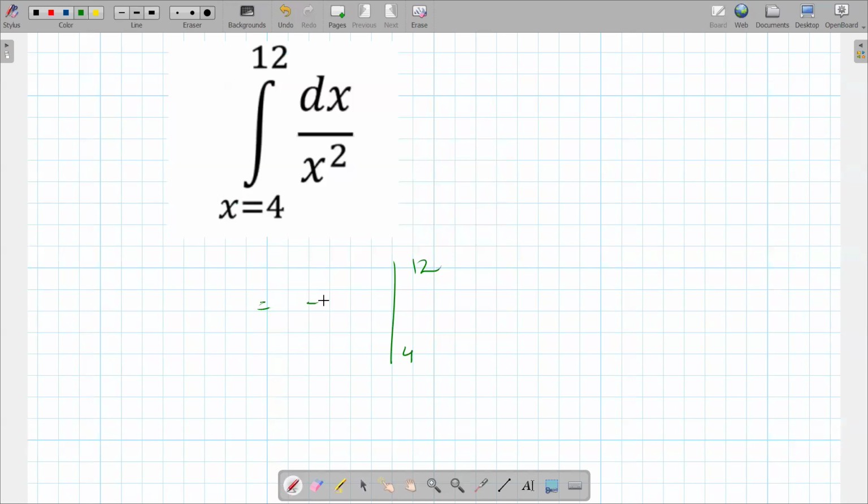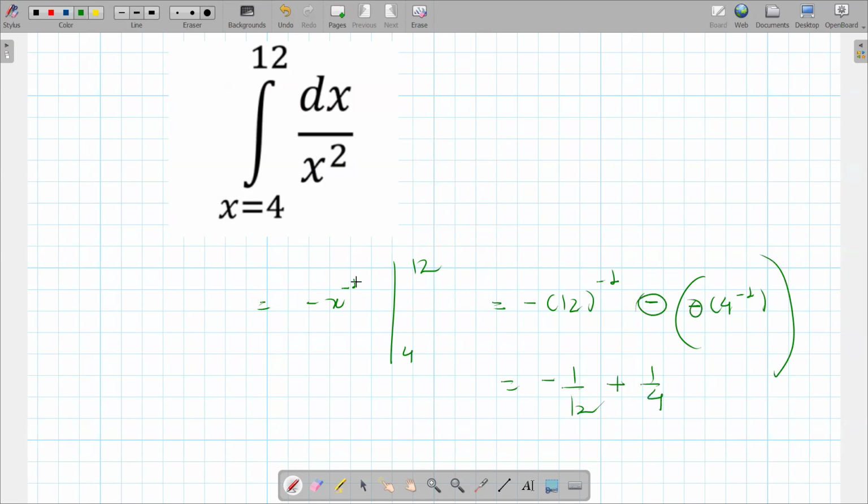Yes. So now this becomes negative 12 to the power -1, right? Minus, and again, whenever there's a minus, it's good practice to open a bracket, negative 4 to the power -1, like that. So this is negative 1 over 12. This negative and this negative becomes a plus 1 over 4.